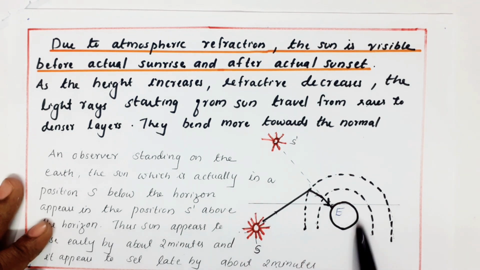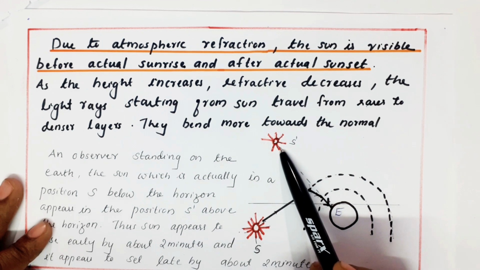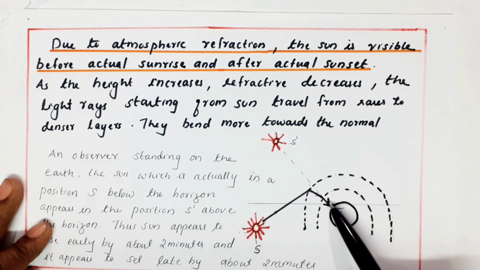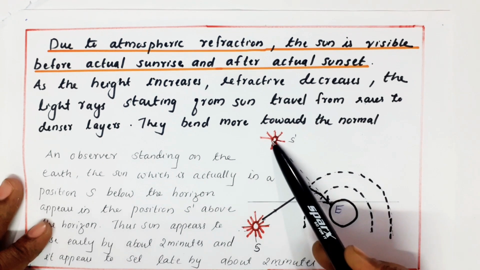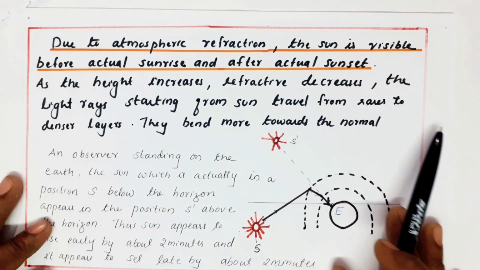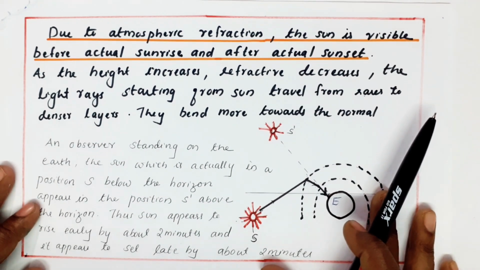This is your earth. But what we feel is, as the densities of different layers are different, the refractive indices of the layers are also different. Due to this variation, these rays undergo refraction. So we feel that the sun is here because the rays are bending like this. If you extend these bent rays backward, here is the object we feel, but the actual object is not there.